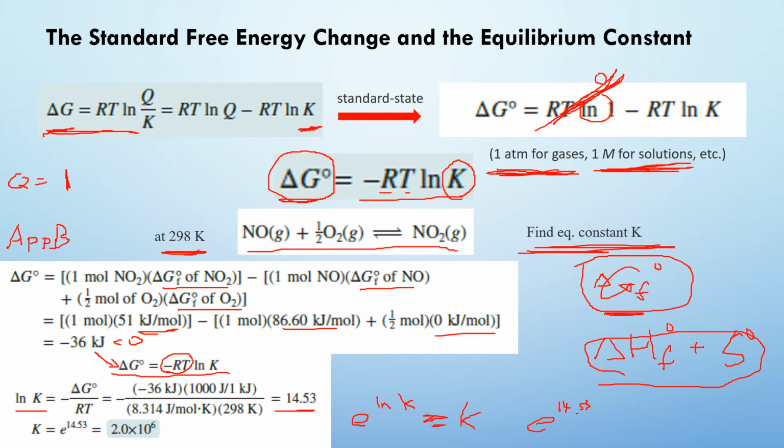So K will be 2 times 10 to the 6. It's a very large equilibrium constant. When we have a large K value, that means this direction is preferred, proceeding to the right. That's why delta G is very negative, so it's spontaneous to the right hand side.